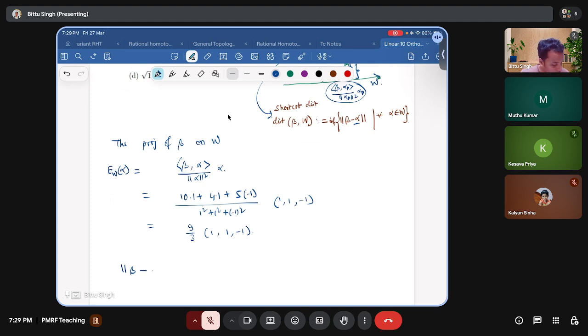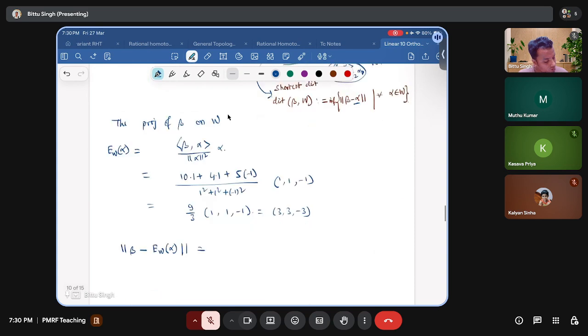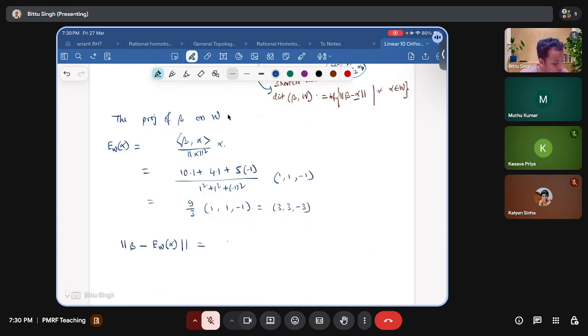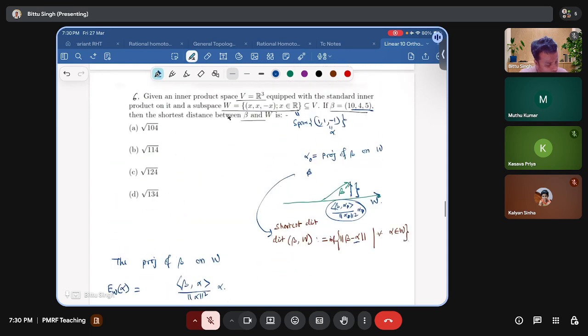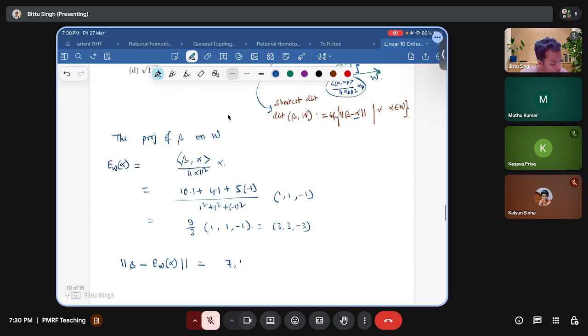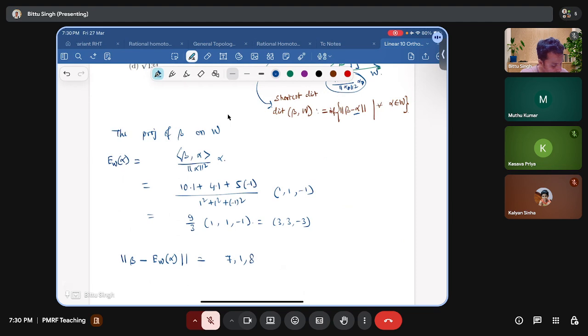So beta minus E_W alpha is 3, 3, minus 3 subtracted from beta, which is 10, 4, 5. So 10 minus 3 is 7, 4 minus 3 is 1, and 5 minus 3 is 8.